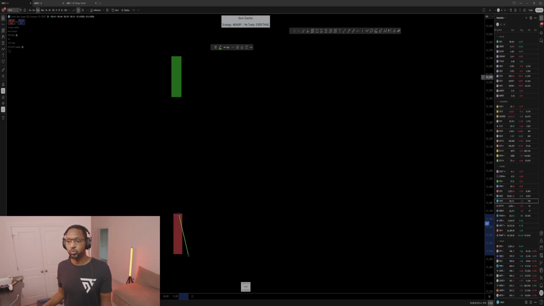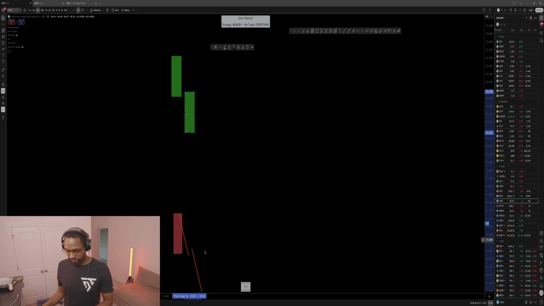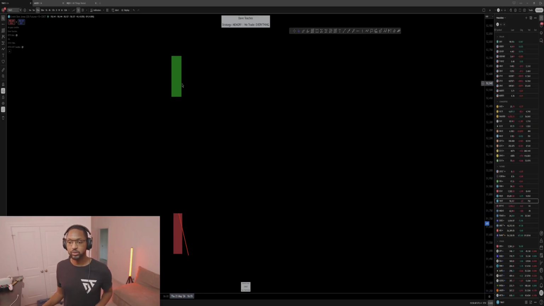So we have this down candle that is here. And then when we create a bullish candle going up, that is where, in market structure terms, we end up seeing that up move get created.